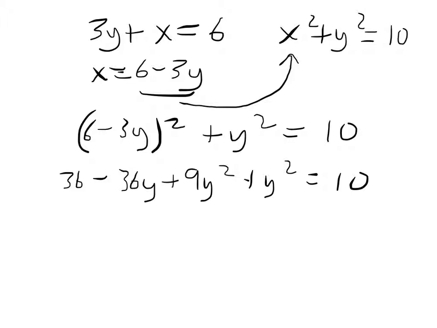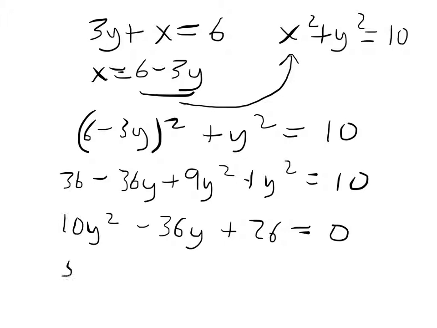Combining like terms, 10y squared minus 36y, bring the 10 over, plus 26 equals 0. Go ahead, factor out a 2. 5y squared minus 18y plus 13 equals 0.